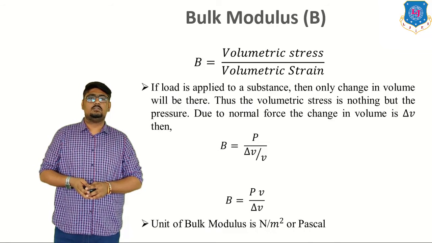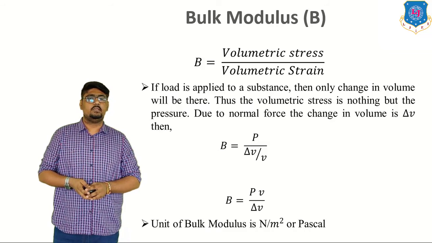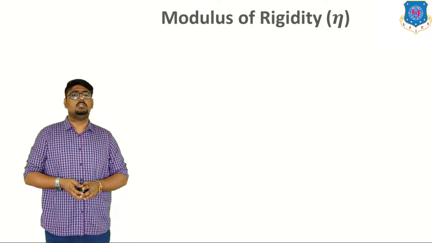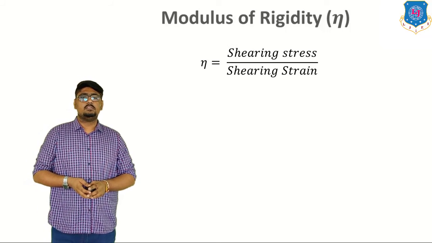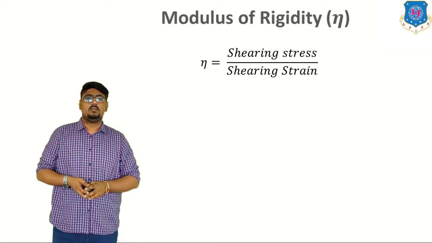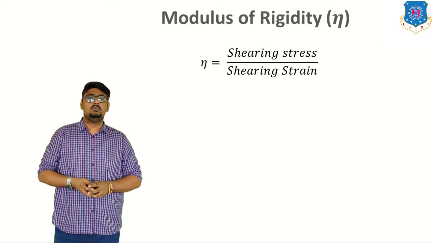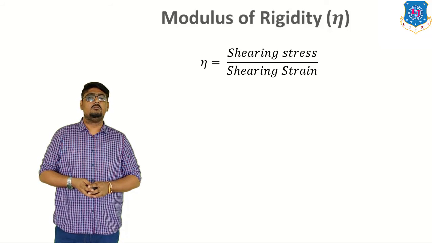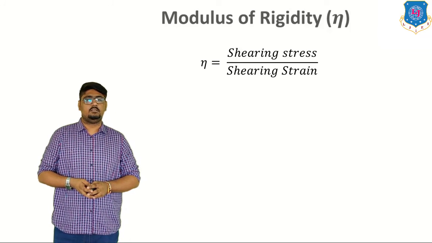Now the third and the last one is the modulus of rigidity. It is defined as the ratio of shearing stress upon shearing strain. In some books, the notation eta is replaced with G. If capital G is given there, then consider it to be the modulus of rigidity itself.